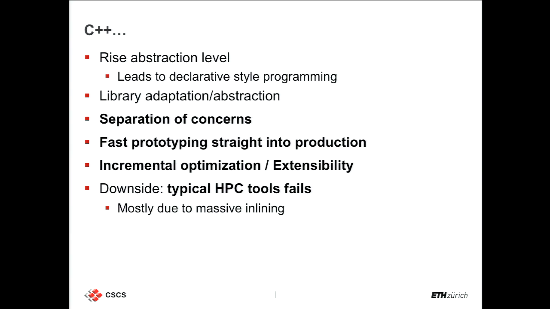Usually, if you write C++ code as a prototype, and if you write it nicely, it will be ready to go into production mode quite easily if you follow certain guidelines. And incremental optimization and extensibility is basically the idea that you can always specialize your code, you can always improve your code without having to disrupt anybody else's work.